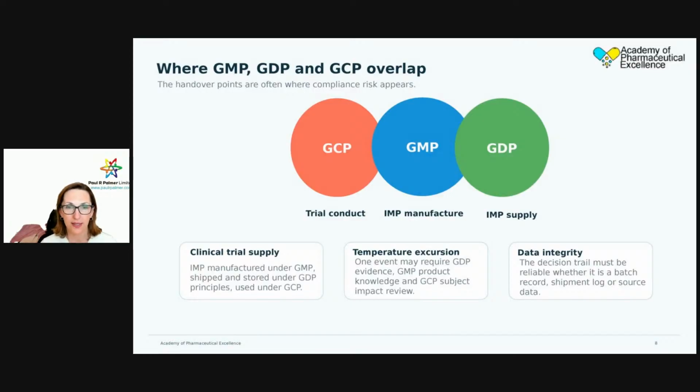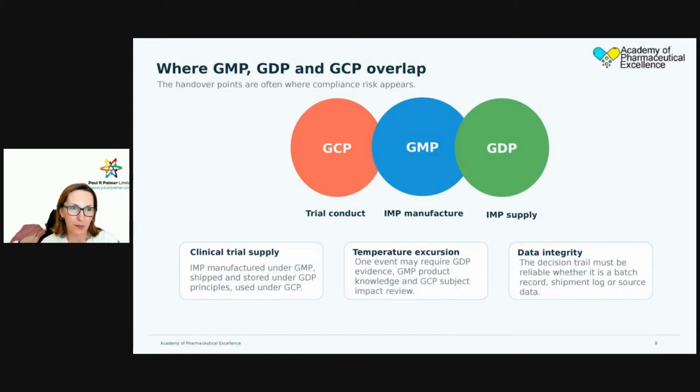And then it is handled, dispensed, and administered, and everything is documented under the clinical trial under GCP. So one product can therefore move through all three GxP areas before it reaches the trial participant.